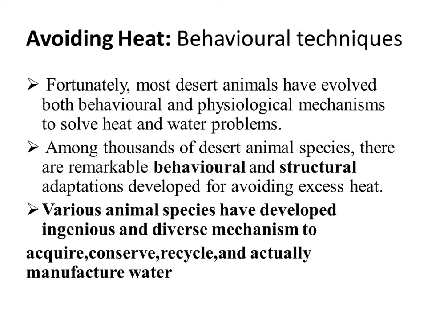Fortunately, most desert animals have evolved both behavioral as well as physiological mechanisms to solve the heat and water problems. Among thousands of desert animal species, there are remarkable behavioral and structural adaptations developed for avoiding the excess of heat so as to overcome the adverse environmental conditions.